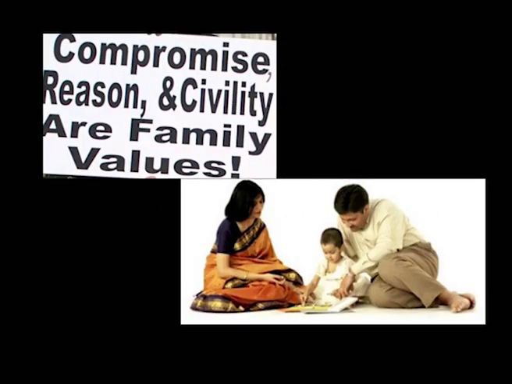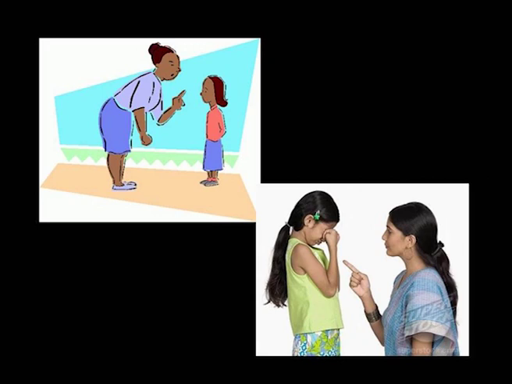The mere threat of withdrawal of this support is sufficient to bring the recalcitrant member back into line. Every family has its own set of moral values and customs. These are enforced upon its members, particularly the younger ones, through disciplinary measures and a system of rewards and punishments.